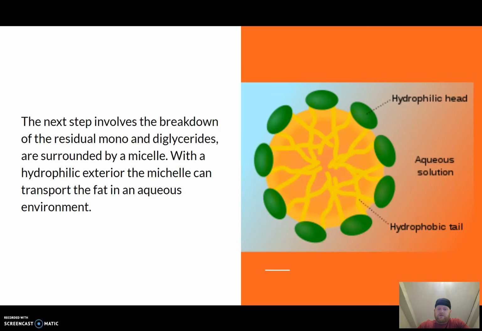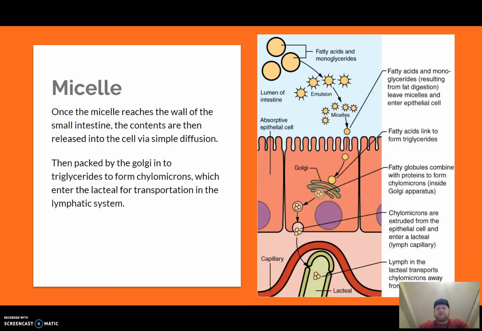Then, once we get them down even more, the next step involves the residual mono and diglycerides. They're surrounded by micelles, which have a hydrophobic interior and a hydrophilic exterior. Basically this helps transport these droplets more easily in aqueous solution.